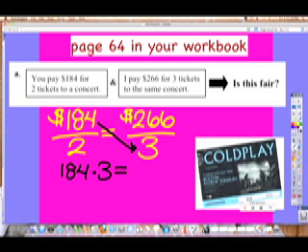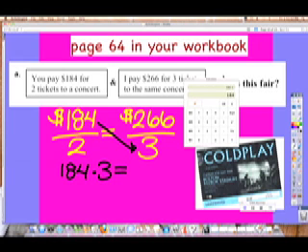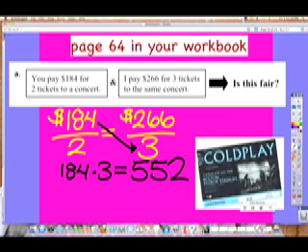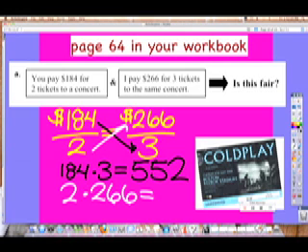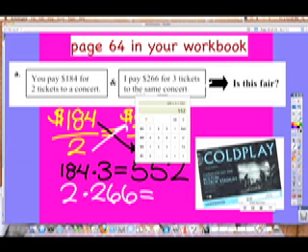All right, next one, I'm going to multiply these ones that are across from each other. So 2 times 266. Calculator. 2 times 266. Uh-oh, 532? Guys? No. This does not form a proportion. So no, this is not fair.